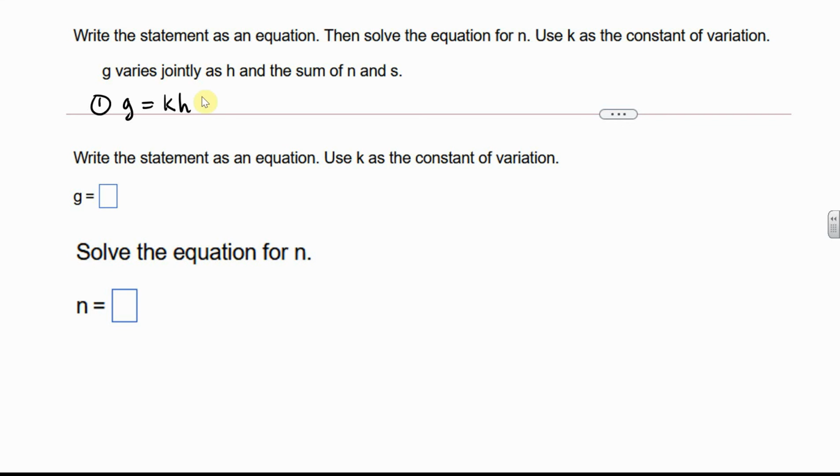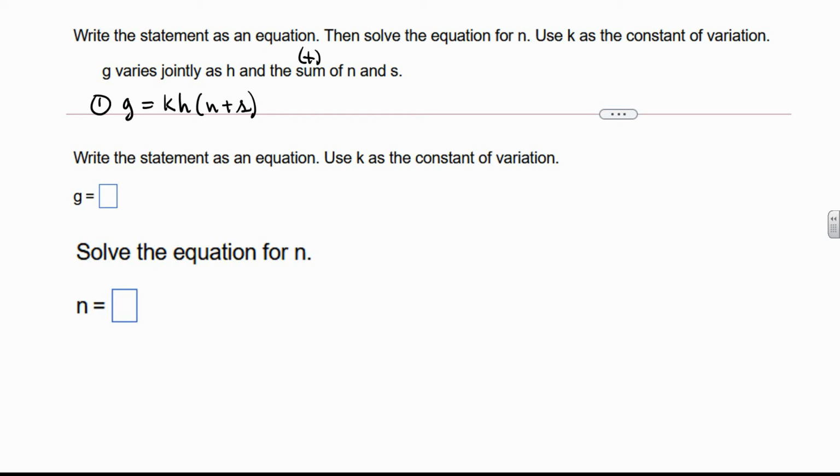So that's going to be, when it says jointly, then I know that is multiplication involved. So I have something times something else. I have something, which is the h, times the sum of n and s. The word sum means to add, right? Plus. So here this is times the parentheses n plus s.